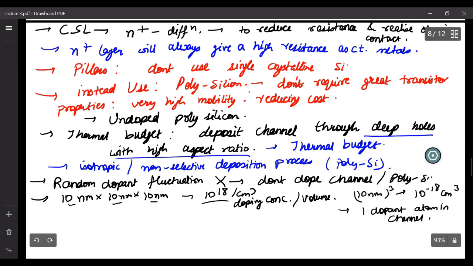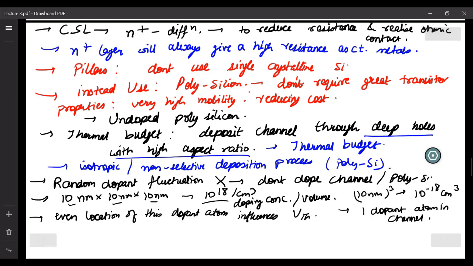So if you have only one dopant atom in the channel, if your channel is so small, then even the location of this dopant atom influences your threshold voltage.